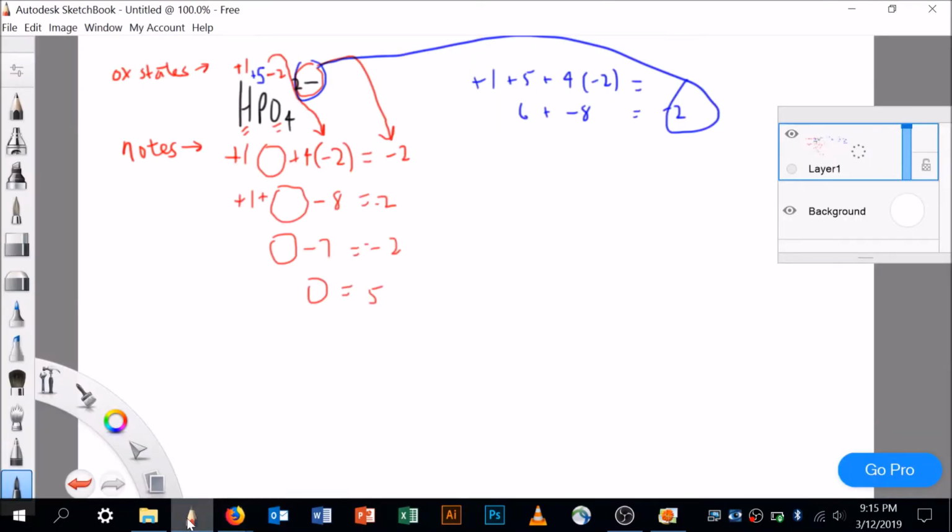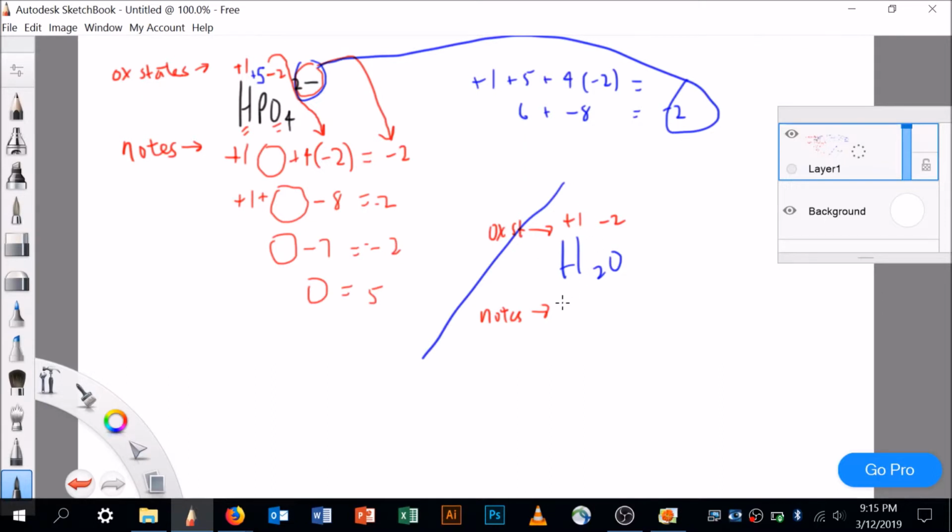So let's go to our notepad and say H2O. Now, I'm going to do my oxidation states up top, my notes down below. We know hydrogen has a tendency to take on a +1 because it's a main group. We know it's +1. And oxygen has a tendency to take on a -2, right?